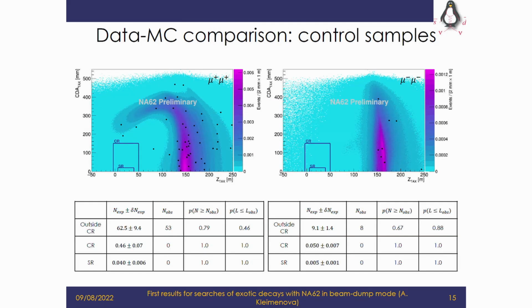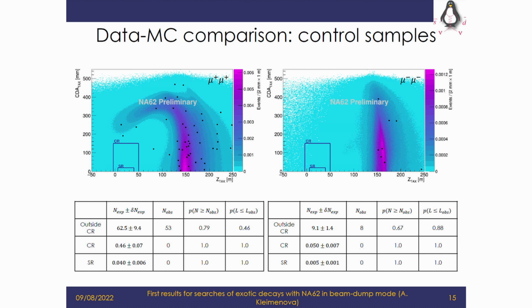So to validate our technique, we use several control samples, and in this slide I'm showing you two control samples that we saw. It's mu plus and mu minus. And so the color, basically the shades, this comes from our data-driven approach, our, say, Monte Carlo.